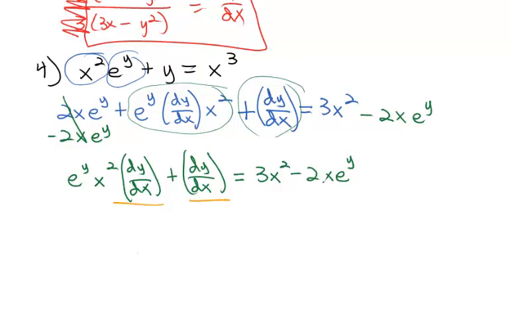And now that that dy/dx is on the same side, we can factor it out, leaving behind e to the y x squared plus, don't forget, plus what? Anything divided by itself is 1. It does not disappear. Equals 3x squared minus 2x e to the y.